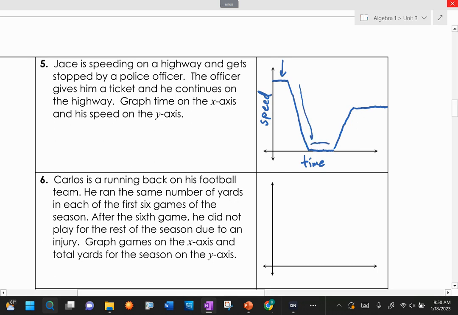This time right here is him being stopped. He's pulled over. He is done with the police officer. He speeds back up, but he's not speeding anymore. So he's got to maintain an appropriate speed level towards the end. So if your graph keeps going up, that's going to be a problem.